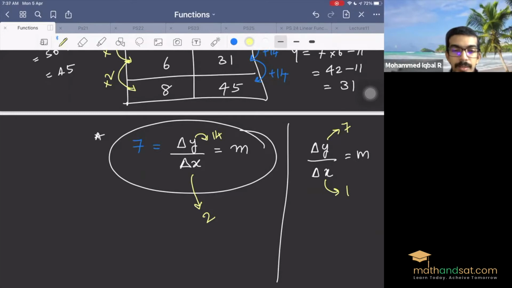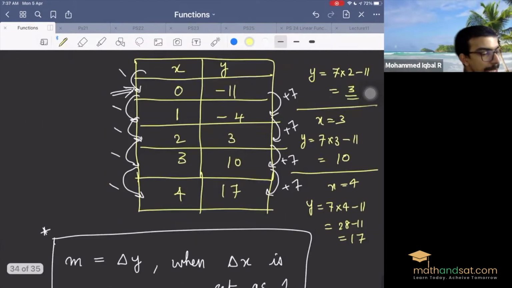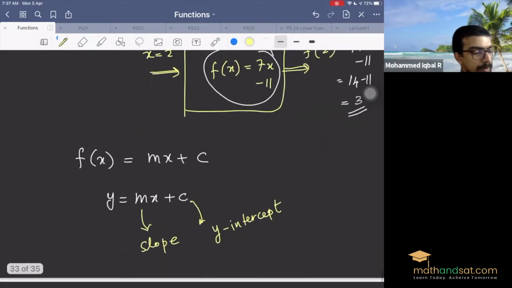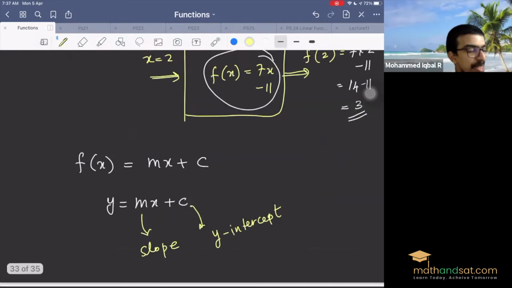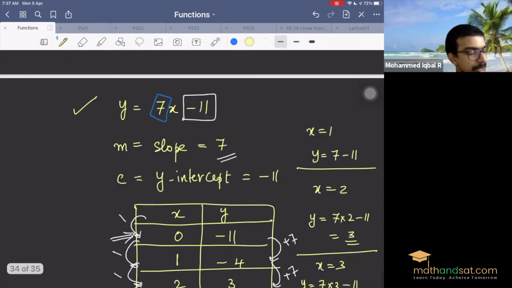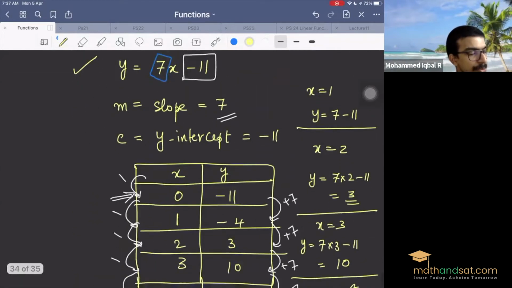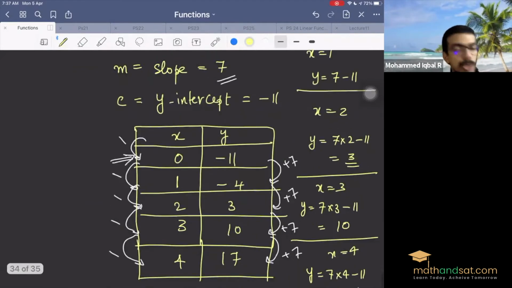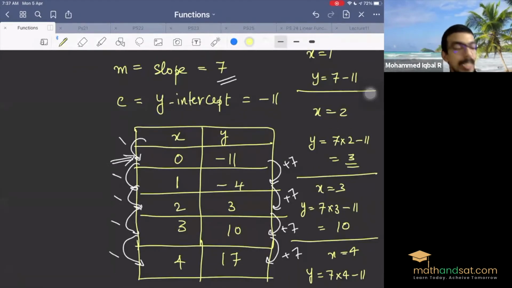Yes. Right? So mathematically that is clear, it's a ratio. But what is the physical significance? You're incrementing the input by 1 unit. The output keeps getting changed by 7 units, right?